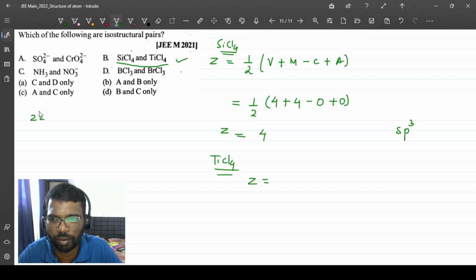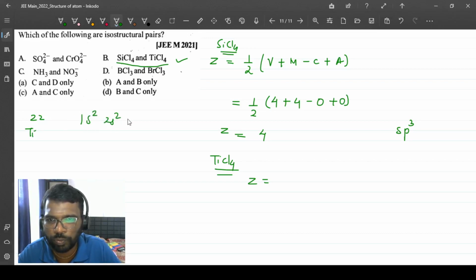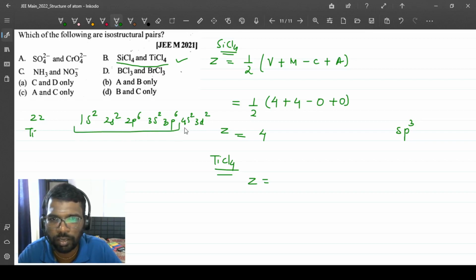If you see, the electronic configuration can be written as 1s2, 2s2, 2p6, 3s2, 3p6, 4s2, and 3d2. Till here it is argon. So we can consider this to be 4 valence electrons.